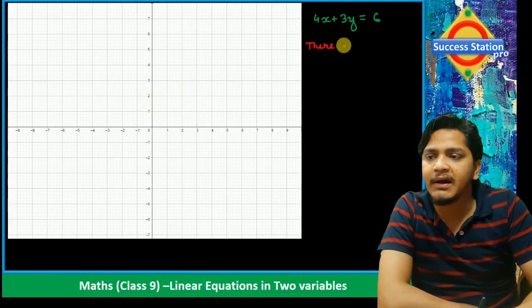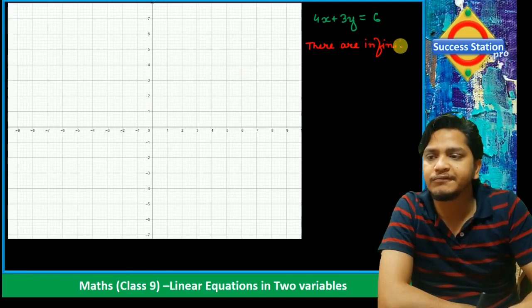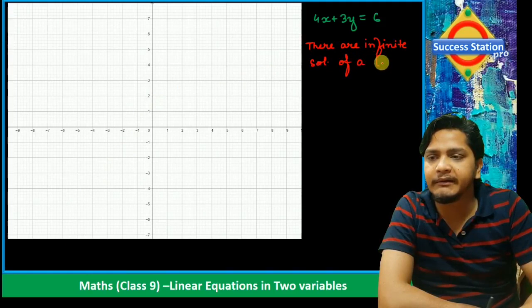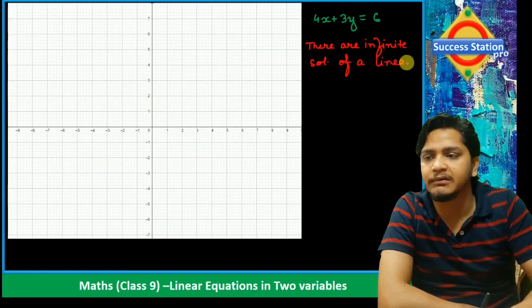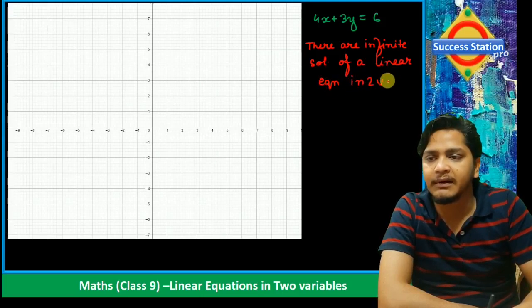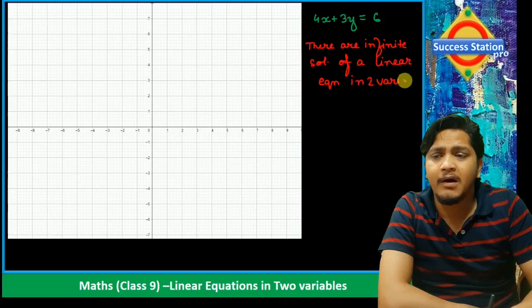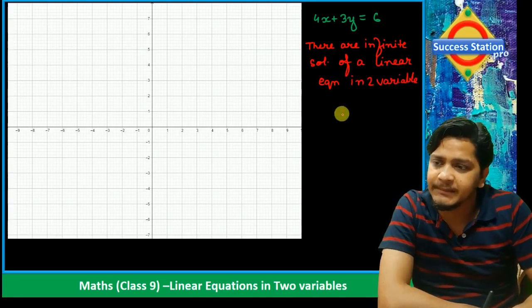Actually, there are infinite solutions of a linear equation in 2 variables. Clear? Now how? Now let's see.